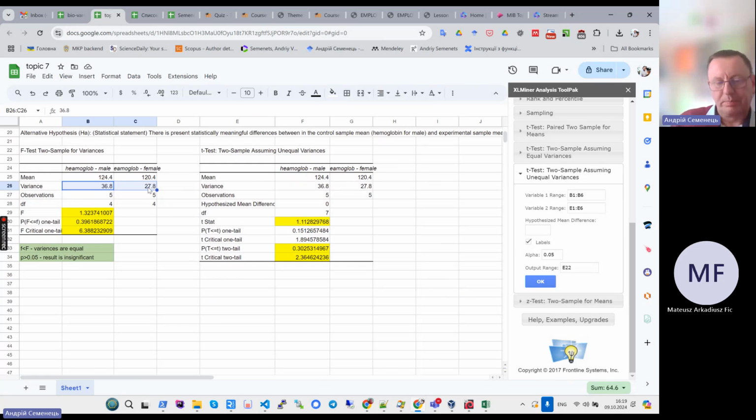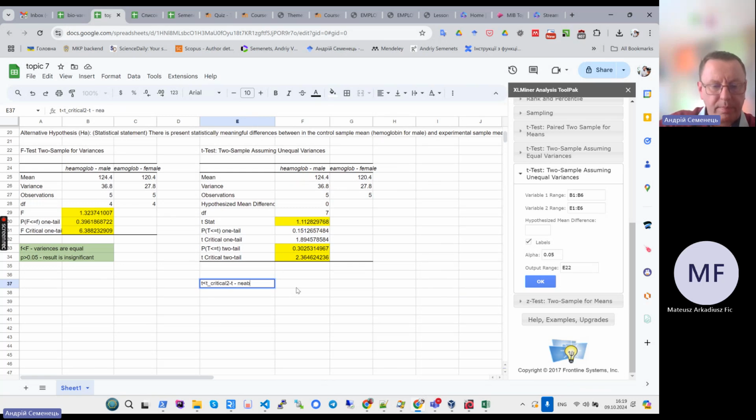We use these methods. So here, test statistics is again less than critical two-tailed.